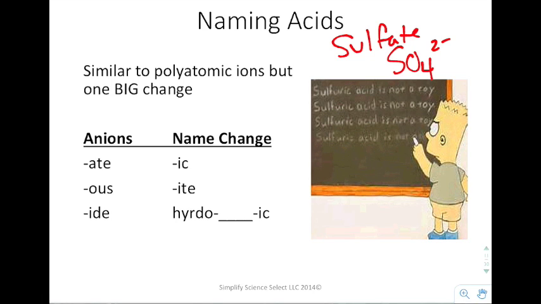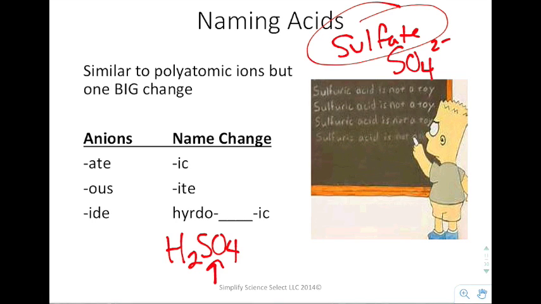If you were to name this particular acid, which is H2SO4, you name it based on the anion. So that anion is sulfate. I come down here to this chart and it says ate. Whenever you have an anion that's an ate, it makes the acid an ic. So instead of sulfate, it becomes sulfuric acid.